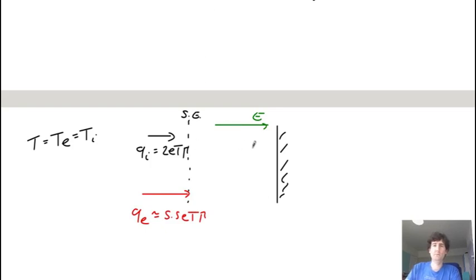Inside the sheath, which remember is a very narrow layer, just a few Debye lengths wide, there's a very large electric field, and this of course slows down the electrons and speeds up the ions. And so in this region we transfer energy. So we have an energy transfer from the electrons to ions, which is roughly the voltage. So I'll put this as V_f times e gives the joules transferred, times the flux.